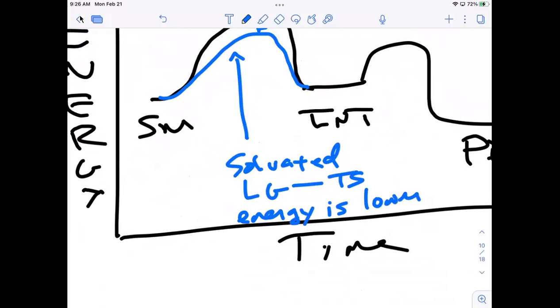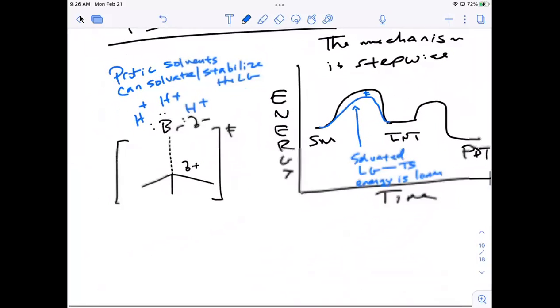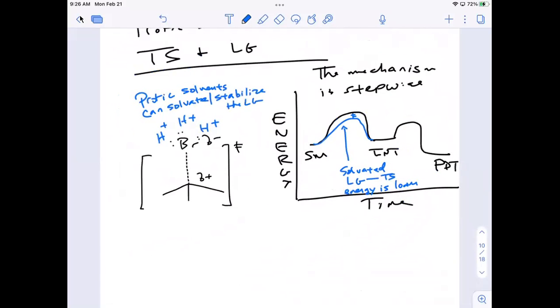So that transition state energy is lower. That's good. That speeds the reaction up. So protic solvents do the same thing, but they have an opposite result with the SN1. In SN2, they solvate the nucleophile, lower its energy, and make it less reactive, which was bad. But the fact that this is unimolecular, when those solvent molecules surround that leaving group, they make it more apt to leave and make it even more stable.